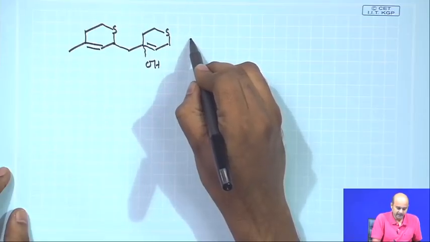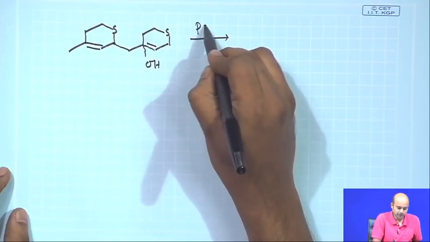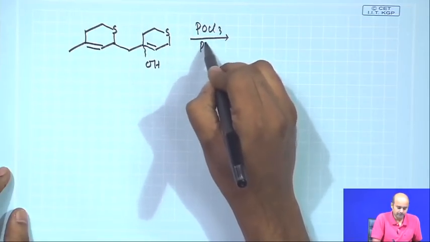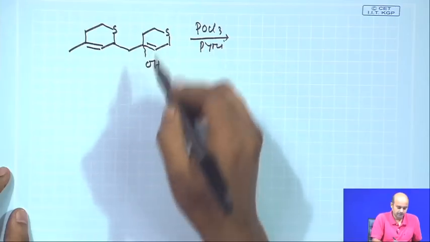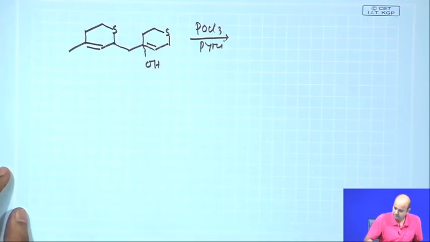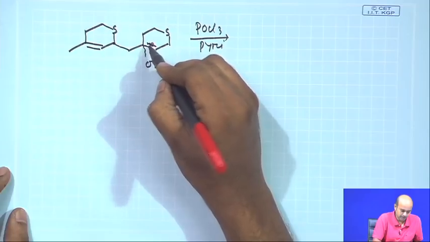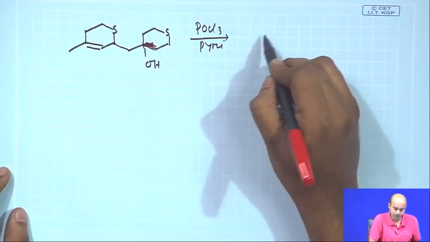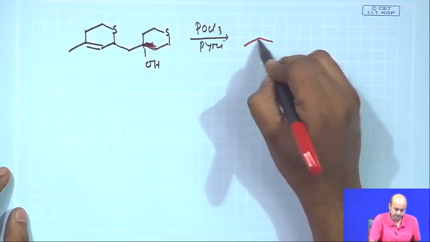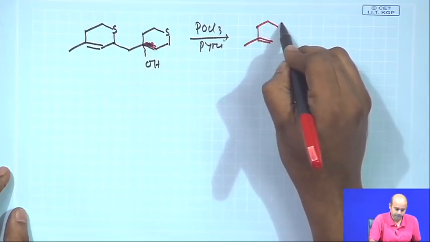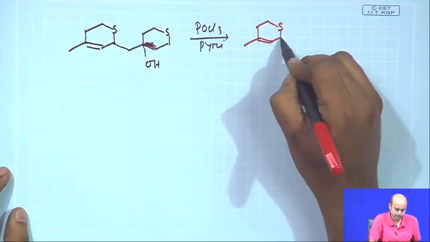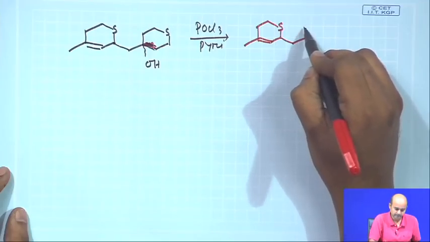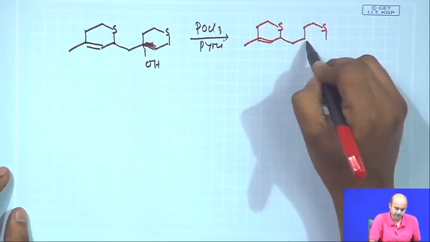This, and then you do the same thing, you treat with POCl3 and pyridine. Sorry, this does not have the double bond, this is basically the single bond. This double bond will now be generated. Yes.